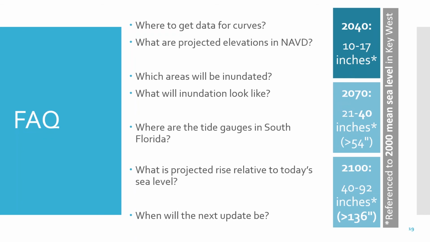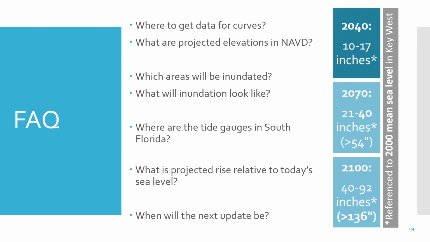The curves can be reproduced using the U.S. Army Corps of Engineers Sea Level Rise Calculator online and selecting the NOAA curves and the location of Key West. Also, the observed data, the 5-year average observed data, comes from the U.S. Army Corps of Engineers Sea Level Rise Tracker online application.